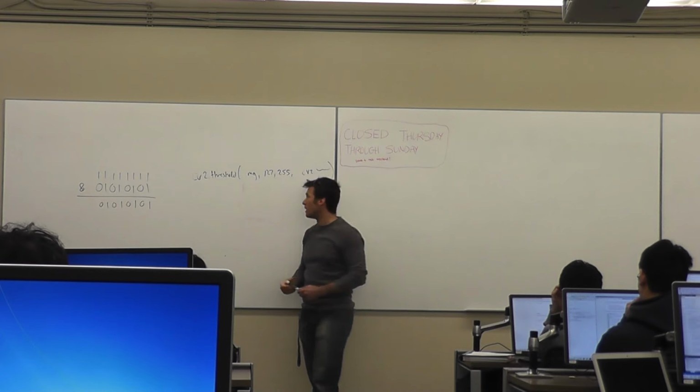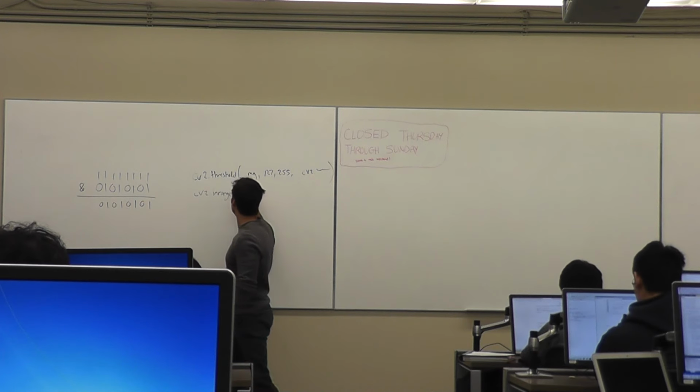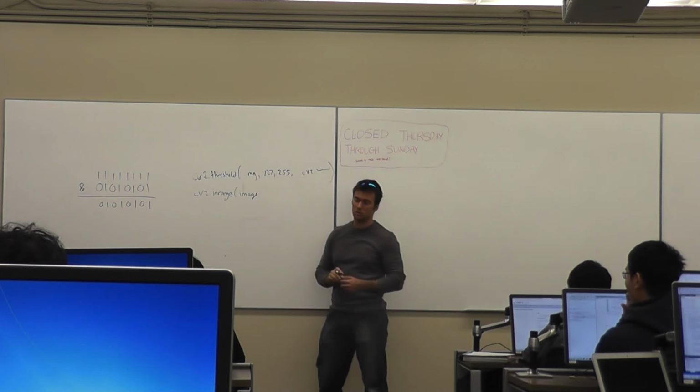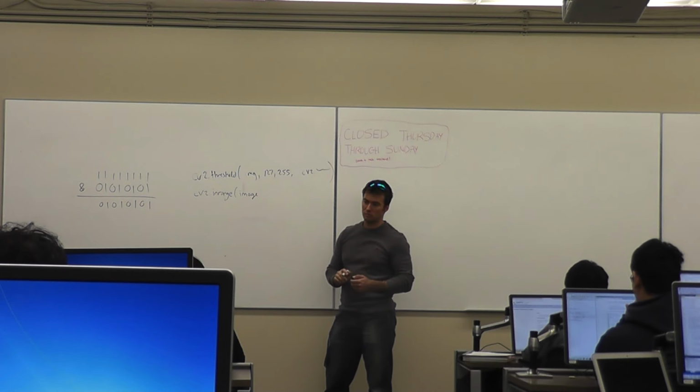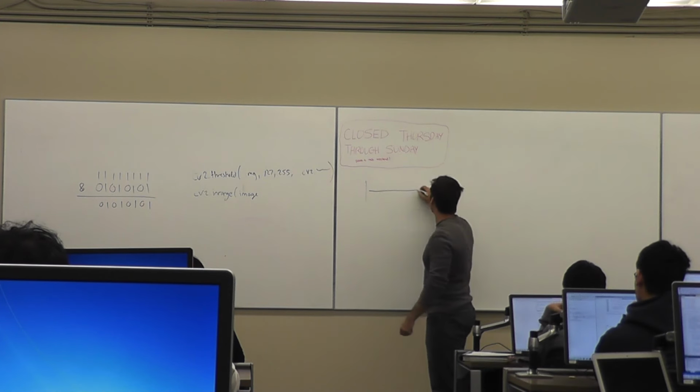That's different from in range because there was CV2.inRange. Can you give me an example call of that? Well, let's describe it conceptually.